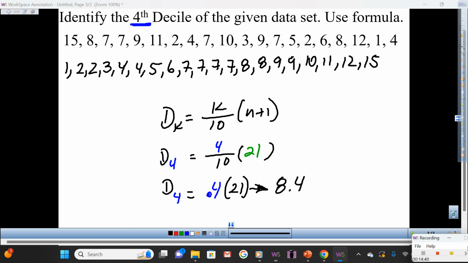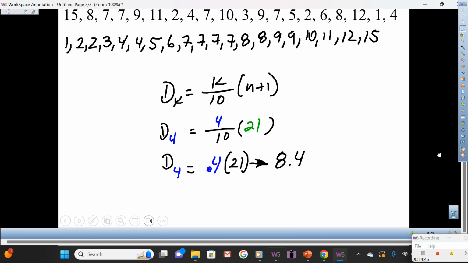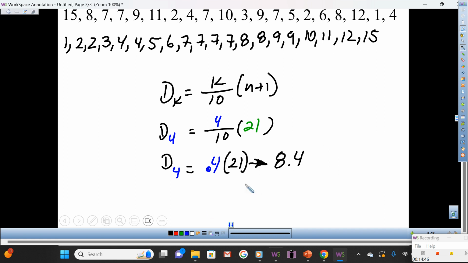All right, did you get something like this? Yes? All right, so what does that mean? That this is the position of D4, or the rank. So that means how many steps? About 8.5 steps, yes? So let's do that. We got 1, 2, 3, 4, 5, 6, 7, 8.5 is about right here.